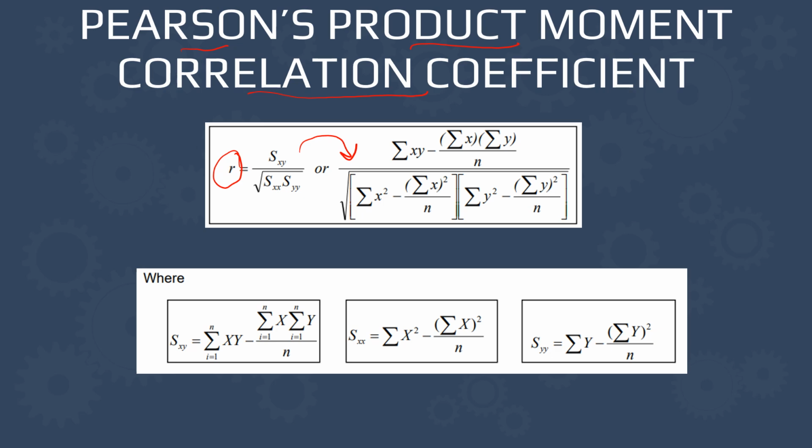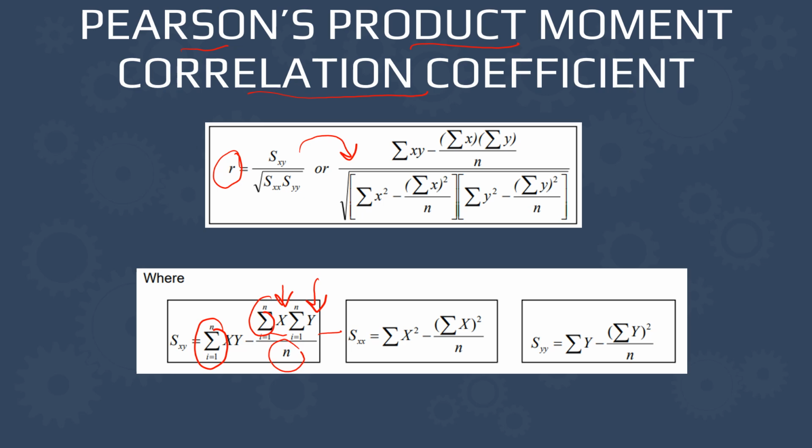It's just the same, because Sxy is the summation of xy minus the summation of x multiplied by summation of y, divided by n, the number of observations. Here x and y are the individual data points of the two variables, x for independent, y for dependent. So you have to find the summation.